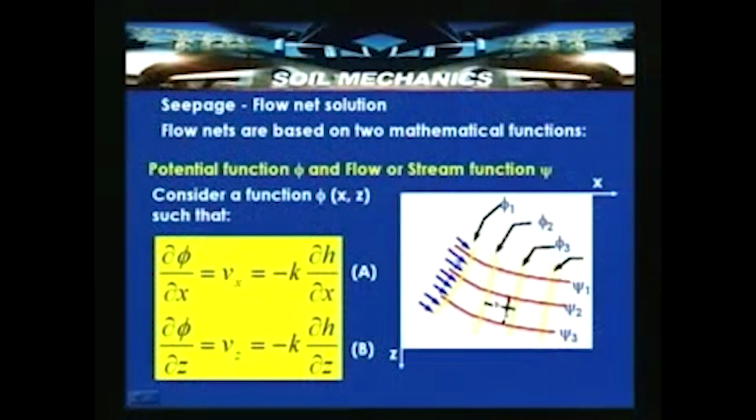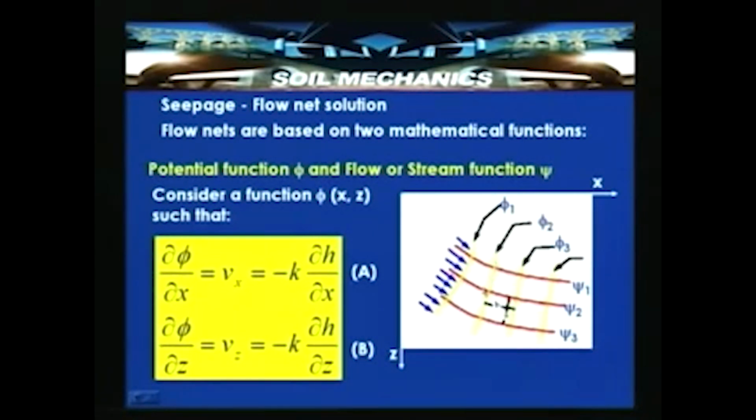So, in this slide a part of the partial flow net is shown. The red lines indicate streamlines, that is flow lines, represented by functions called psi 1, psi 2, psi 3, and these equipotential lines are represented by functions called phi 1, phi 2, phi 3. So, the flow is occurring in this direction.